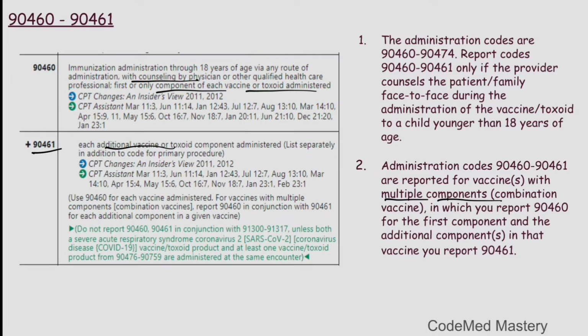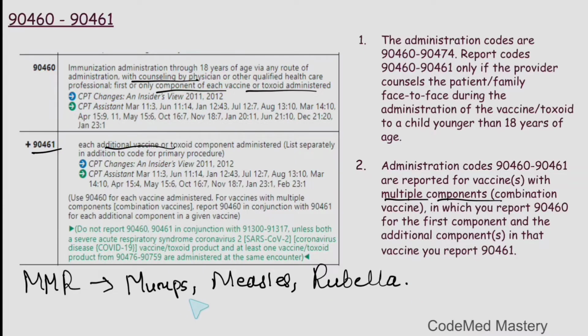An example of a combination vaccine is, let's take MMR. Okay, so MMR is for mumps, measles and rubella. So it has 3 components, right? So for this 90460 is reported for the first component and 2 components are remaining.